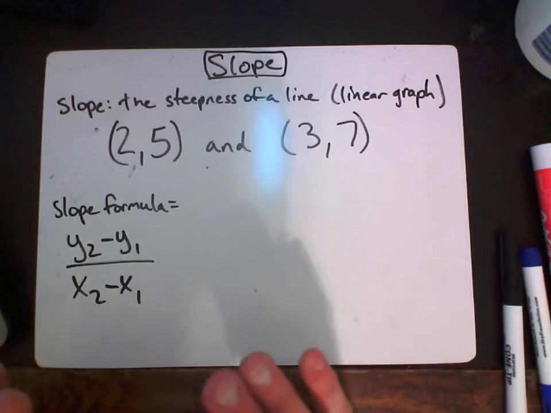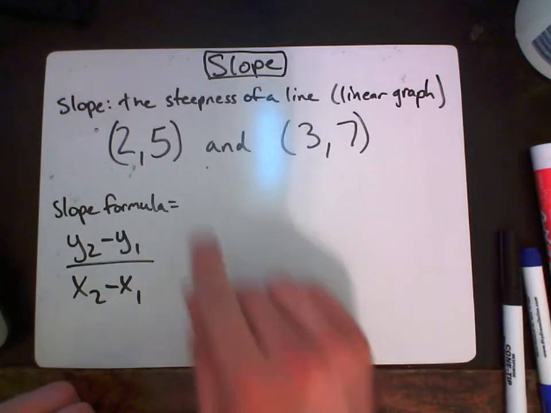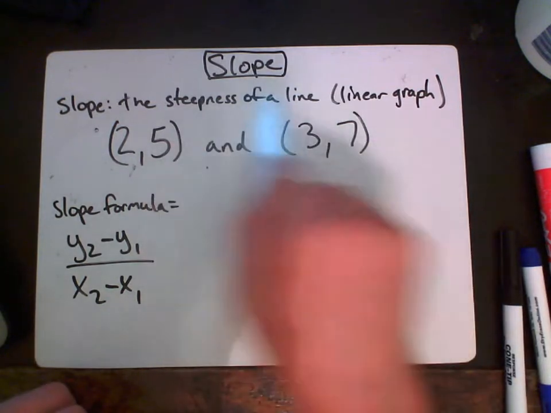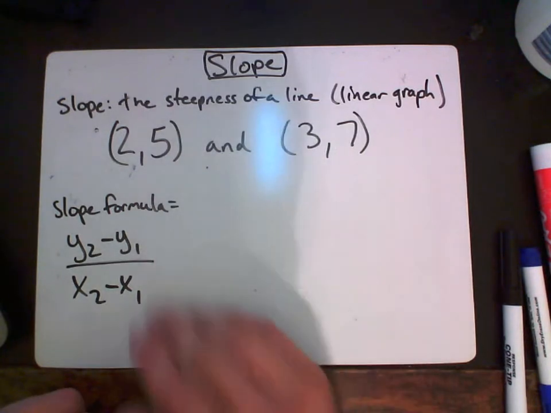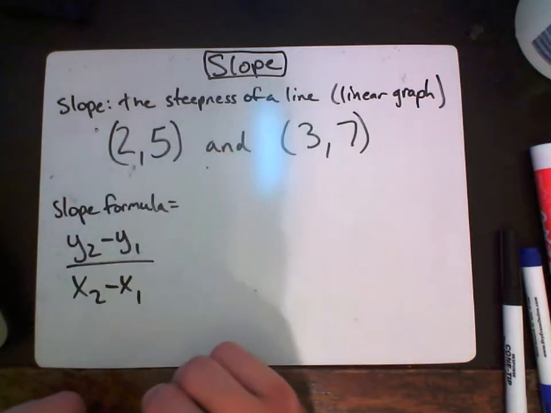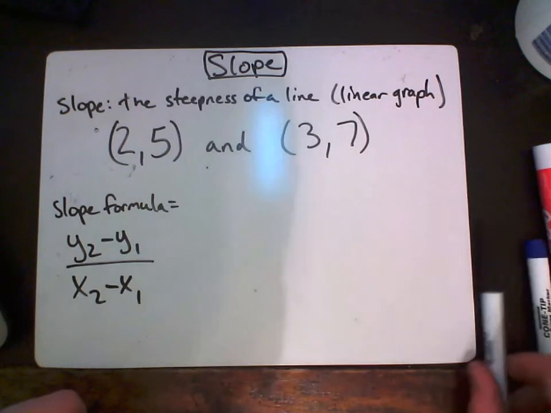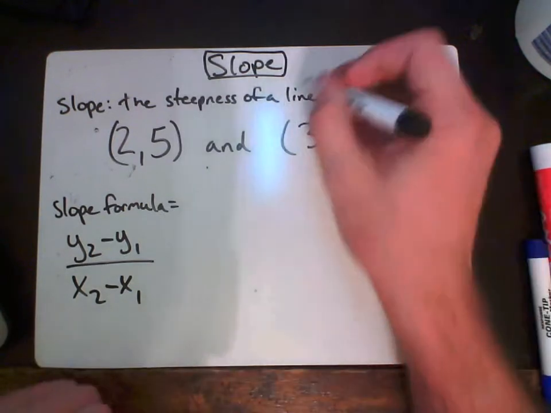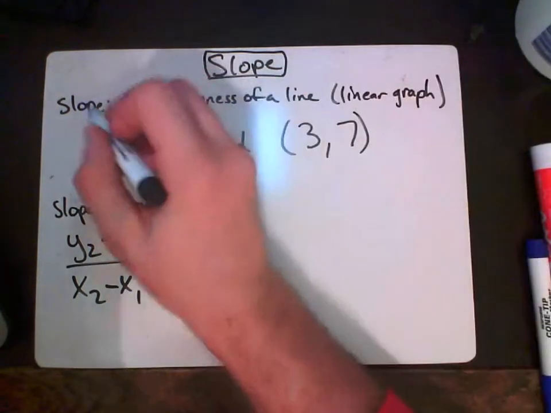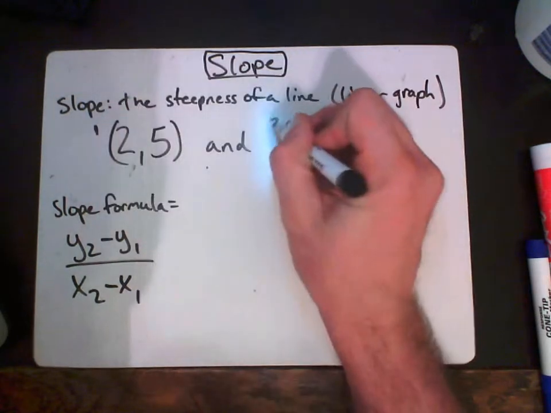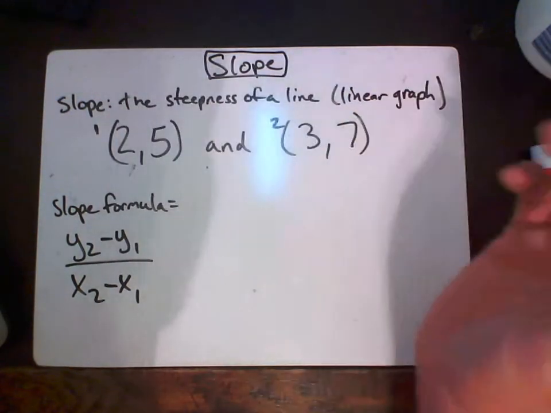Now, I'll tell you this hint. It doesn't matter which coordinate point you assign as your first and your last. I personally just like to go with something like that. Assign a point to it.